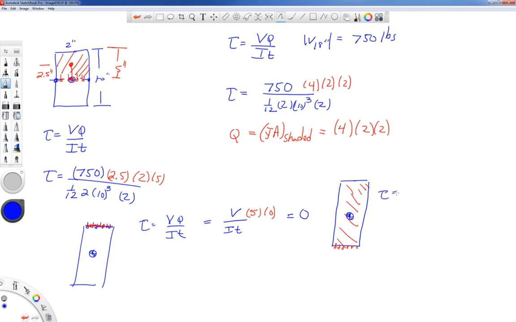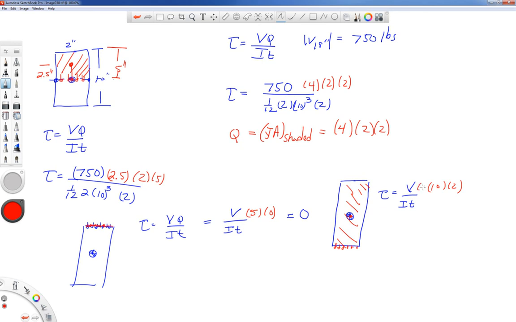Okay, tau is equal to V over IT times that Q. Q, the area, is going to be the entire 10 inches by 2 inches. But the y bar distance is the distance from the centroid of the cross section to the centroid of the shaded area.